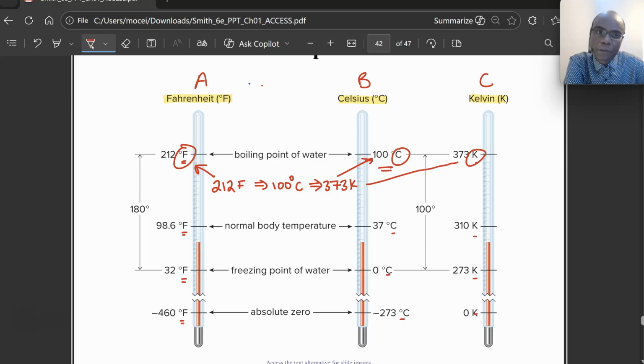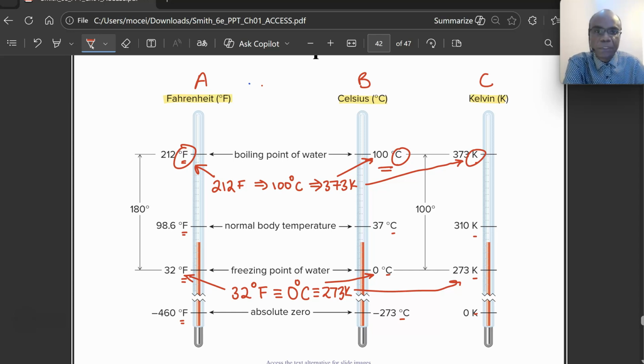Okay, so you have to choose your thermometer wisely. Likewise, what I see here is that 32 degrees Fahrenheit is equivalent to 0 degrees Celsius, and that's equivalent to 273 Kelvin. All right, but now it's difficult for us to keep on comparing three thermometers, and I believe it's rare for you to have the three of them at the same time.